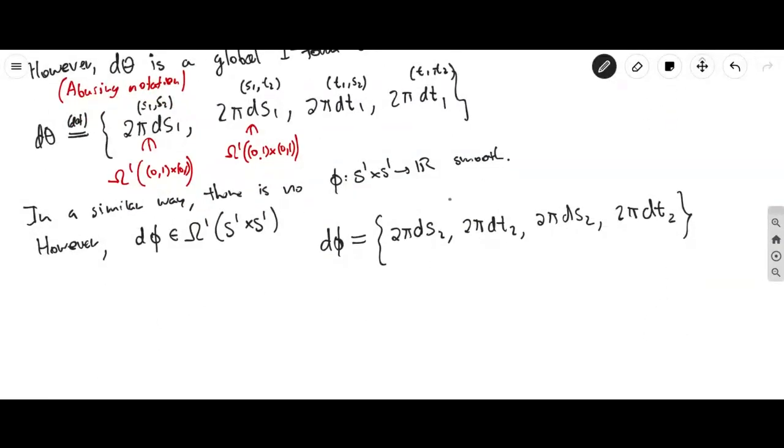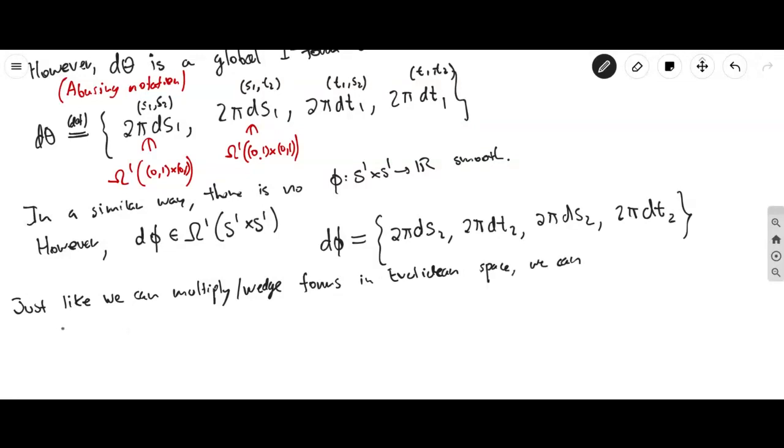Okay, and now, just like we can multiply, and by multiply we also mean wedge, just like we can wedge forms in Euclidean space, we can likewise wedge forms on a smooth manifold.